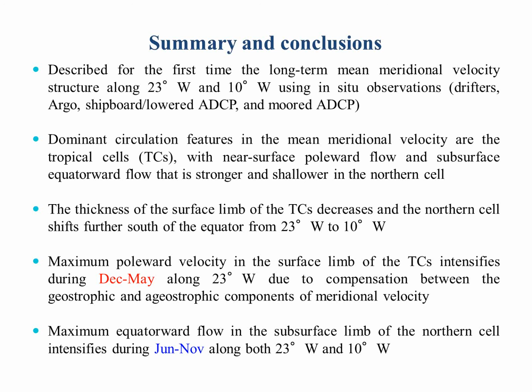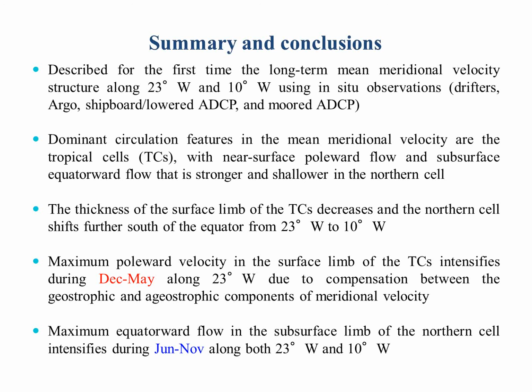And that flow was stronger, and the thickness of those cells was shallower in the northern cell. We also demonstrated that the thickness of the surface layer decreased when you moved eastward from 23 west to 10 west.